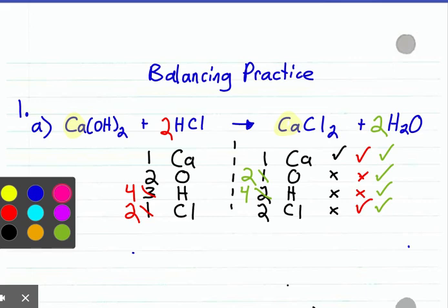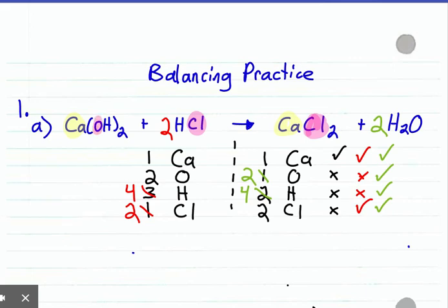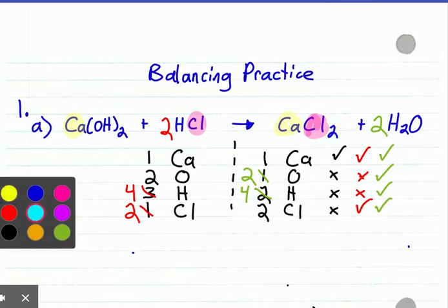So I'm going to look at chlorine and chlorine here. And then that's not what I wanted. So if we look at it this way, it clearly looks like a double displacement.